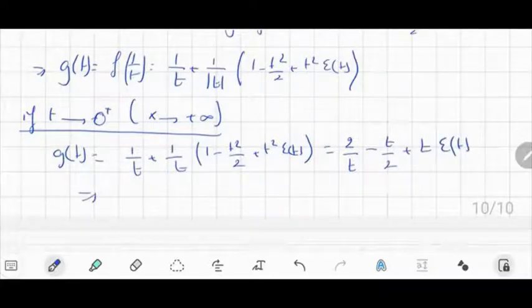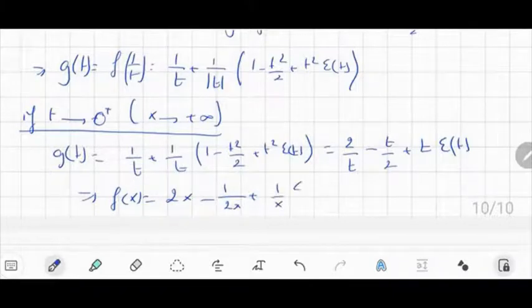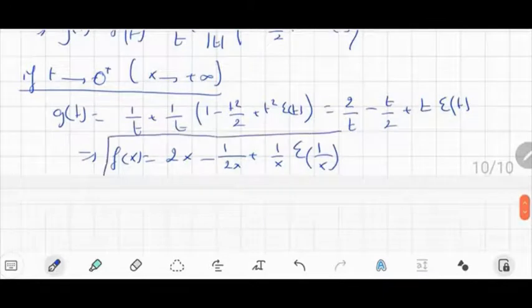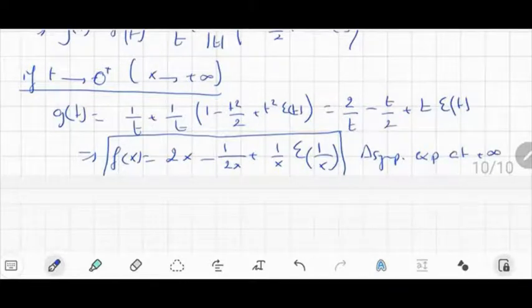Then f of x is equal to 2x minus 1 over 2x plus 1 over x epsilon of 1 over x, and this is what we call the asymptotic expansion at plus infinity of f.